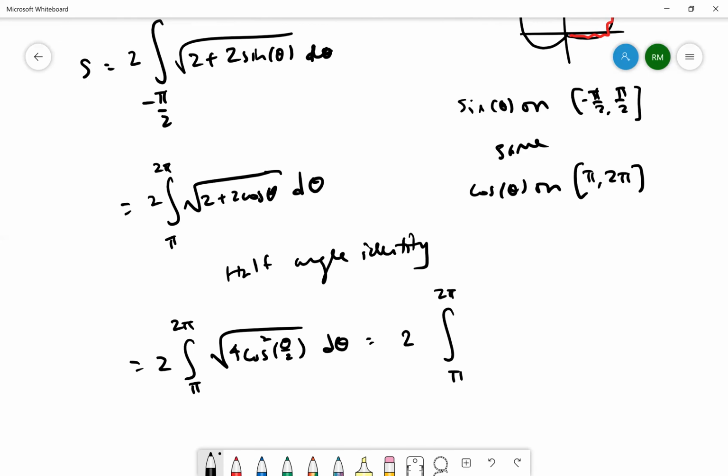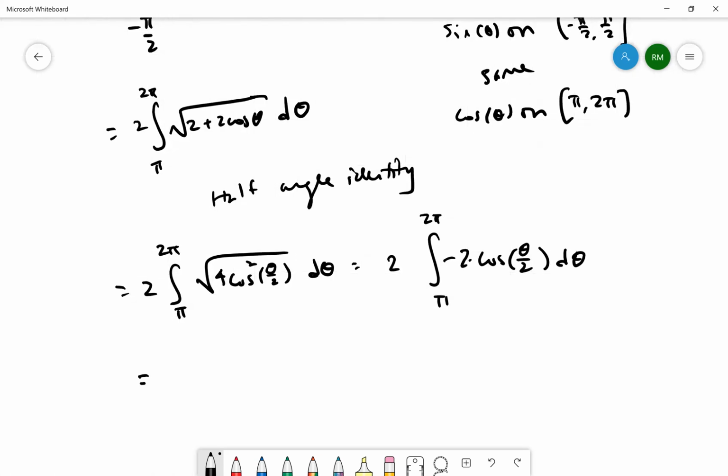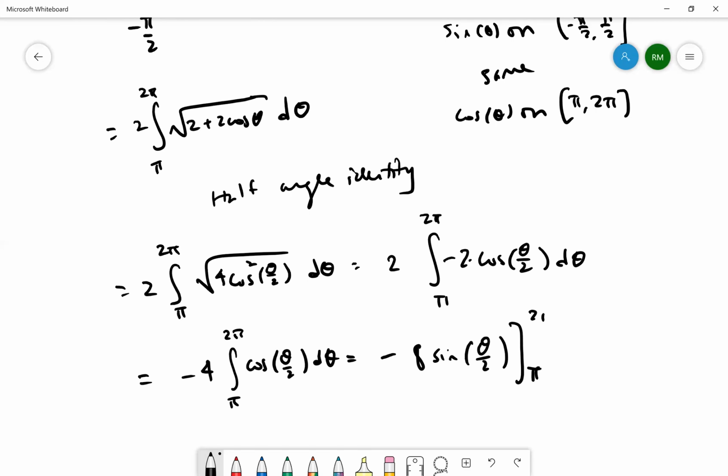So now we need to figure out, okay, that's the integral of 2 times the cosine of theta over 2. But is it positive or negative? Because when you square something and take the square root, that's like taking the absolute value. And the cosine of theta over 2 is actually negative in this range. So this needs to be negative. And so this is negative 2 times the integral from pi to 2 pi of the cosine of theta over 2 d theta, which is minus 4 times the sine of theta over 2, evaluated from pi to 2 pi.